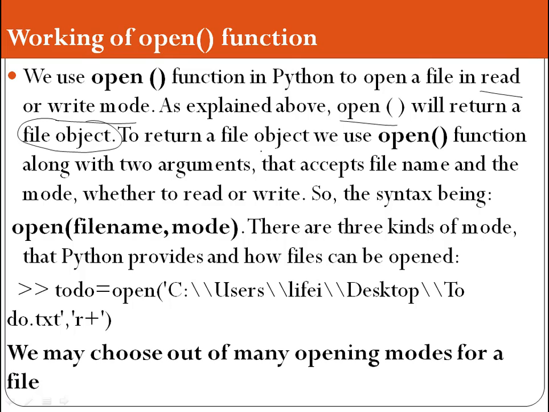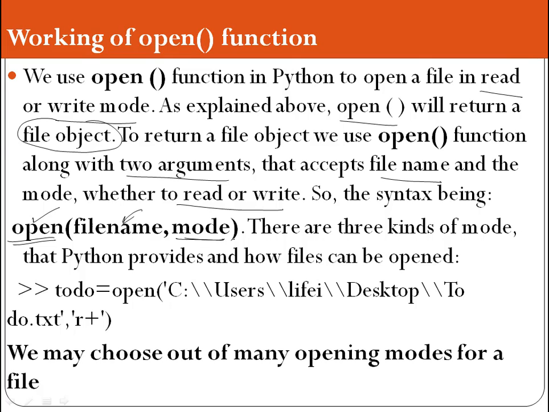To return a file object, we use the open function along with two arguments that accept the file name and the mode, whether to read or write. So the syntax being, you are using the function open for opening the file. You are providing the first argument as the name of the file to be opened, and the second is the mode in which you want to open the file.